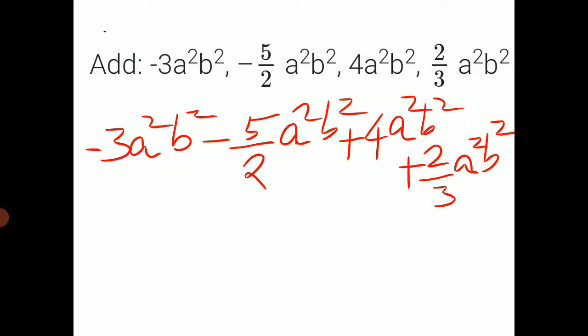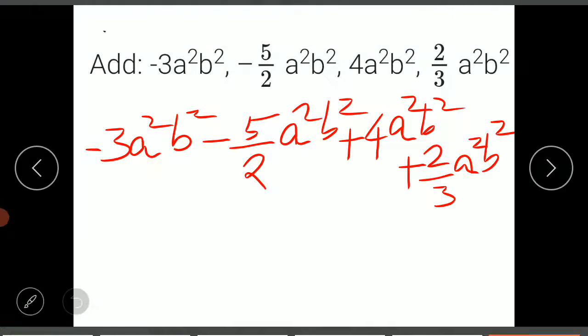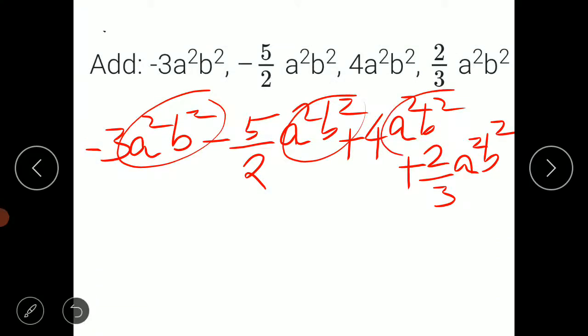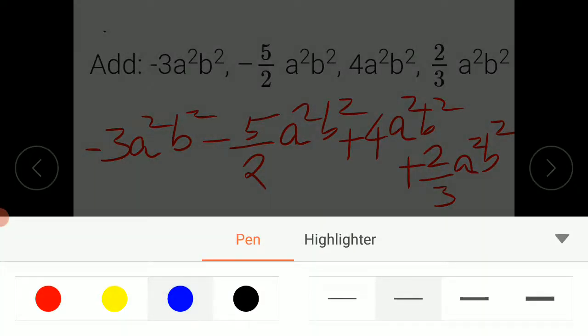Now all the terms are a square b square term only. So we can add directly the numerical values, because all the terms are like terms.